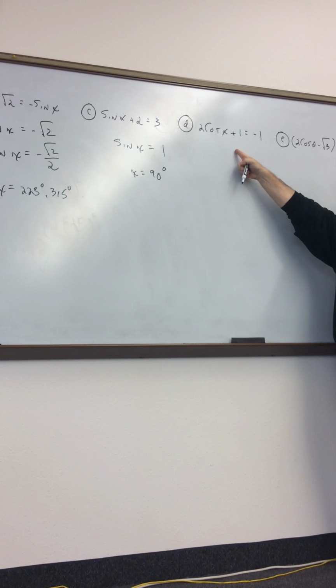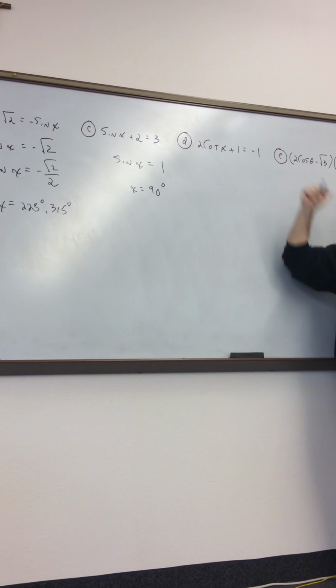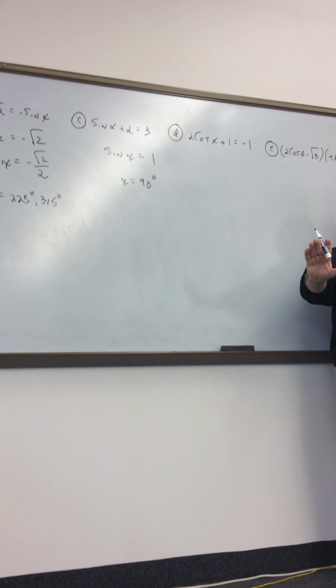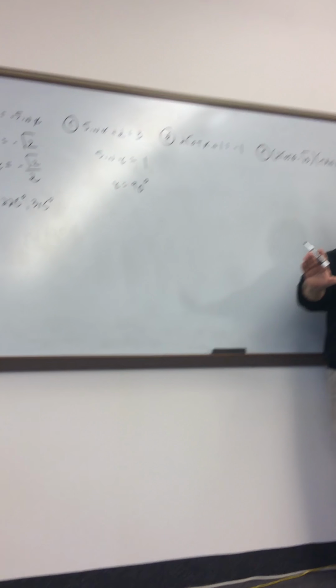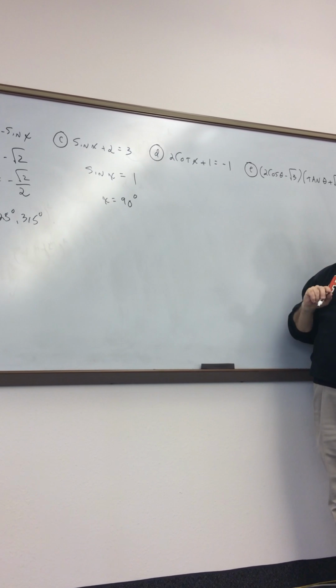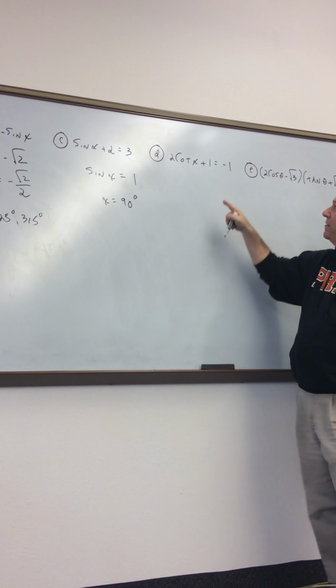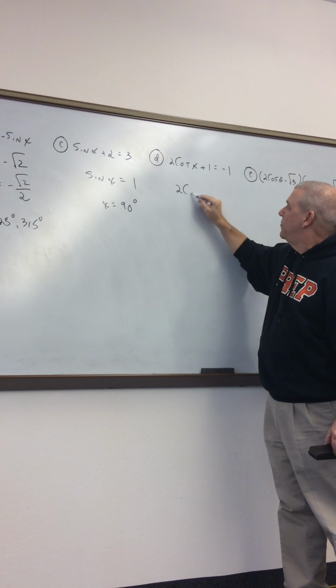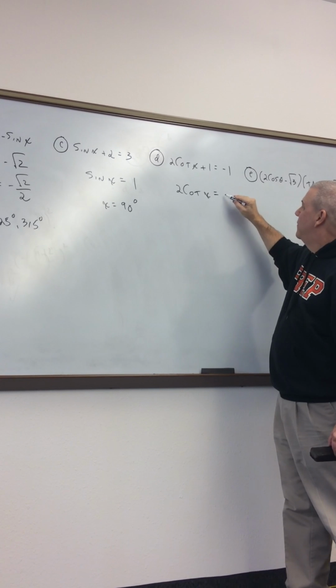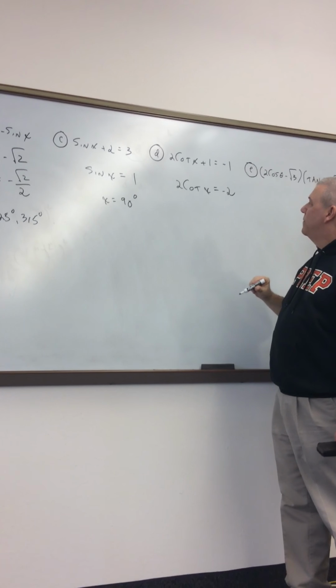What are you going to do here? Solve. We're almost done here. You're going to do a lot of this in class today. What are you going to do here? Solve for x. What are you going to do? It's going to be the first step. Put the 1 on the other side. So you got 2 cotan of x equals what? Negative 2. Now what are you going to do?